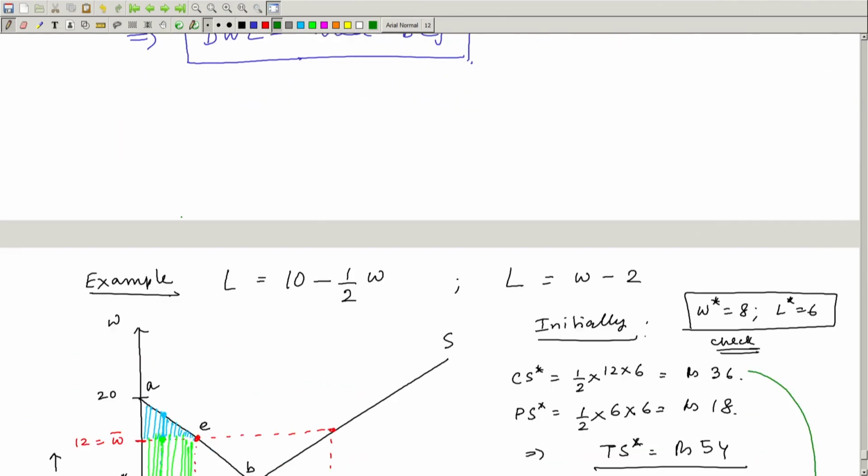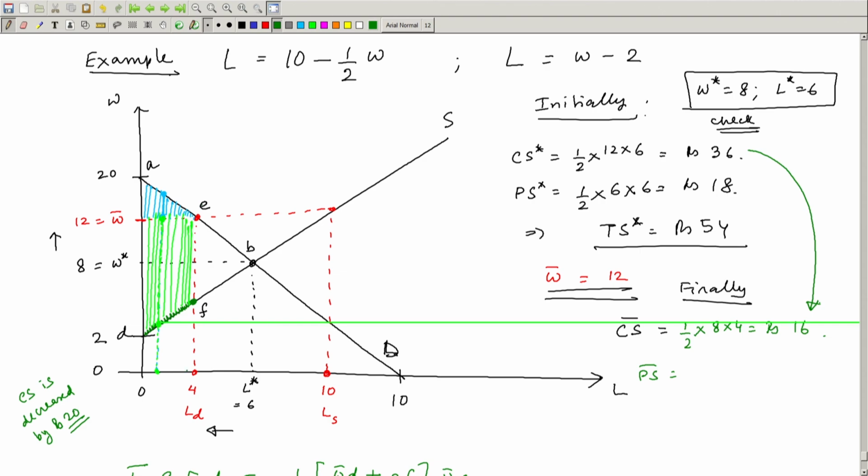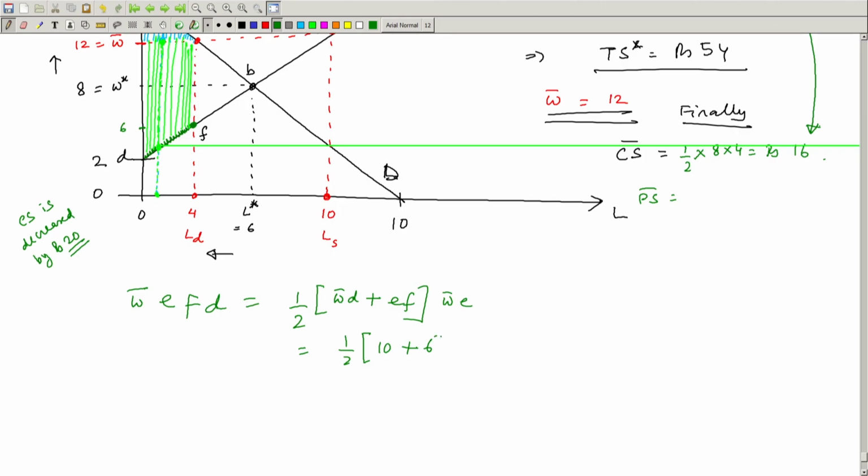Notice the supply curve is W minus 2 and I have L is equal to 4. So, I have essentially 4 equals W minus 2. So, W is essentially going to be 6 here, right. So, that is going to be 12 minus 6, which is 6, times the height. Well, the height or this gap is essentially 4. So, that is 16 times 4. So, 1/2 times 16 times 4. So, that is rupees 32.